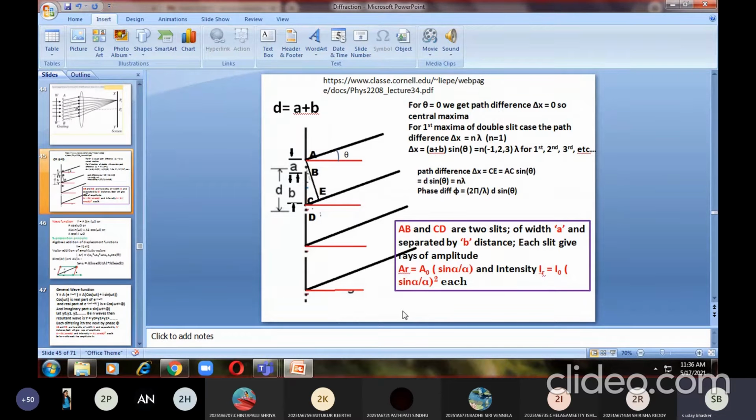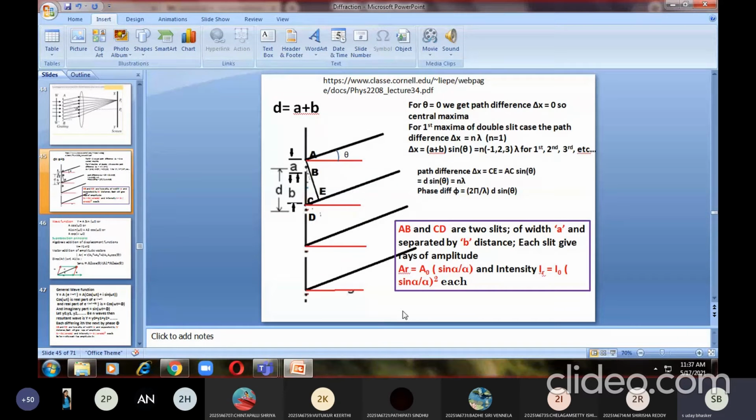We'll consider that each slit is giving out an intensity or amplitude AR, where AR is equal to A naught sin alpha by alpha. What is A naught sin alpha by alpha? That which you have already calculated when you have only a single slit. It is the energy coming out of the slit when you have only one slit.